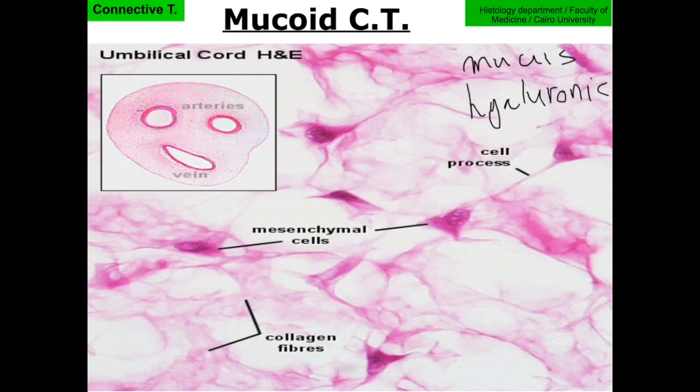The next question, what are the sites? The famous site is the umbilical cord around the umbilical arteries and the vein. Don't forget that the mucoid connective tissue in this umbilical cord has a specific name, which is Wharton's jelly.